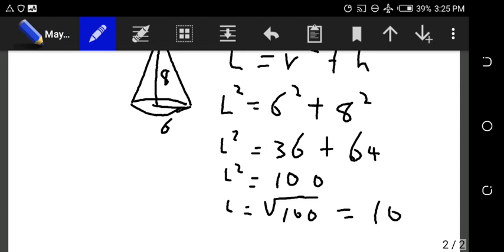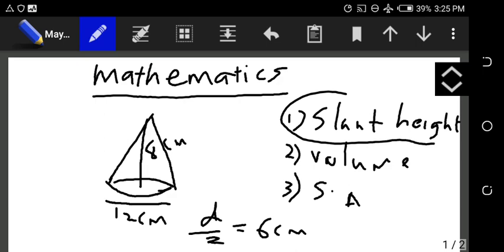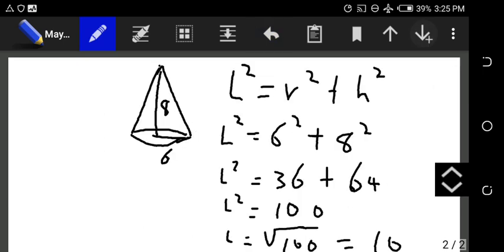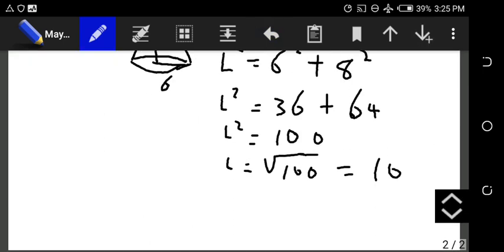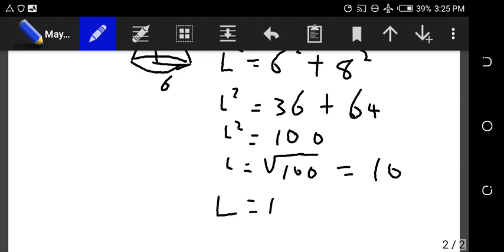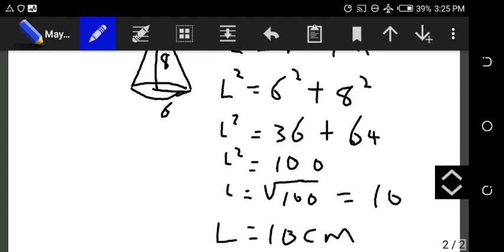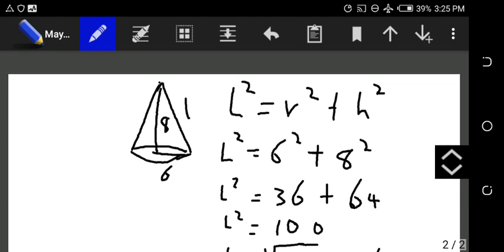Therefore, the slant height of this cone is equal to 10 centimeter. That is 1.